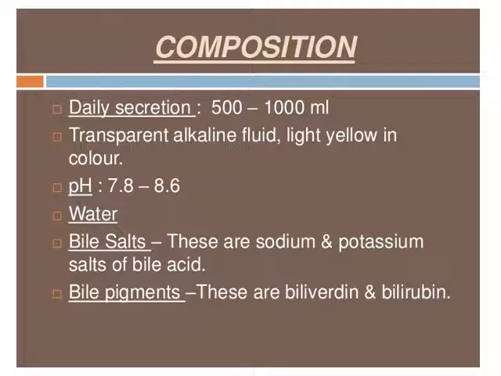Bile salts are the sodium and potassium salts of bile acids, that is, cholic acid and chenodeoxycholic acid. And what is bile pigment? Bile pigments are bilirubin and biliverdin. These are synthesized from the heme, which comes from the hemoglobin. So the sources of formation of bile salts and bile pigments are totally different.